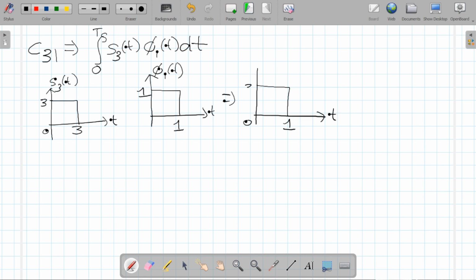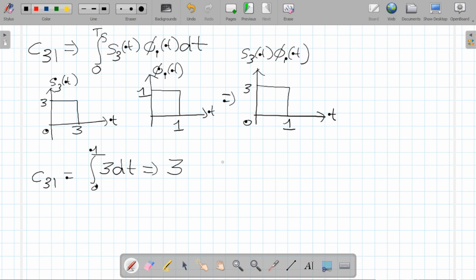On the amplitude axis, it is 3, and this is S3 of t into phi 1 of t. If we take the integration, we get C31 as the integral from 0 to 1 of 3 into dt. The value of C31 is 3. So finally we can conclude the value of C31 equals 3.